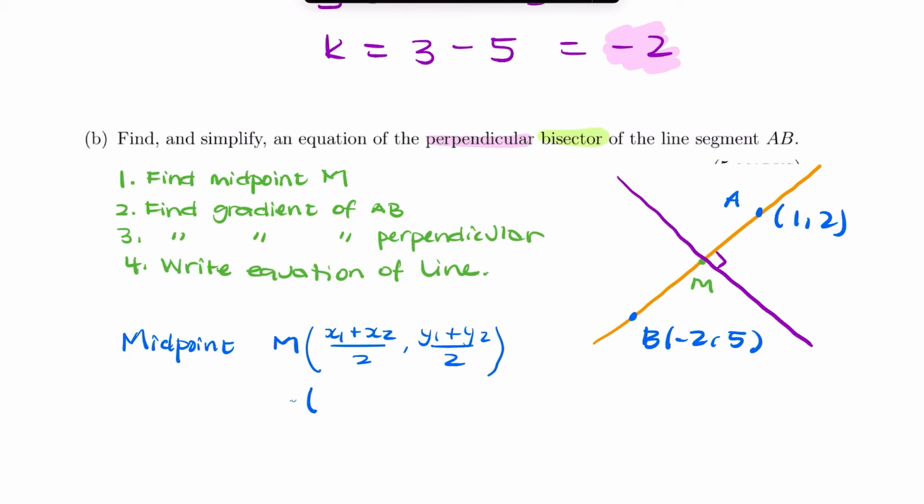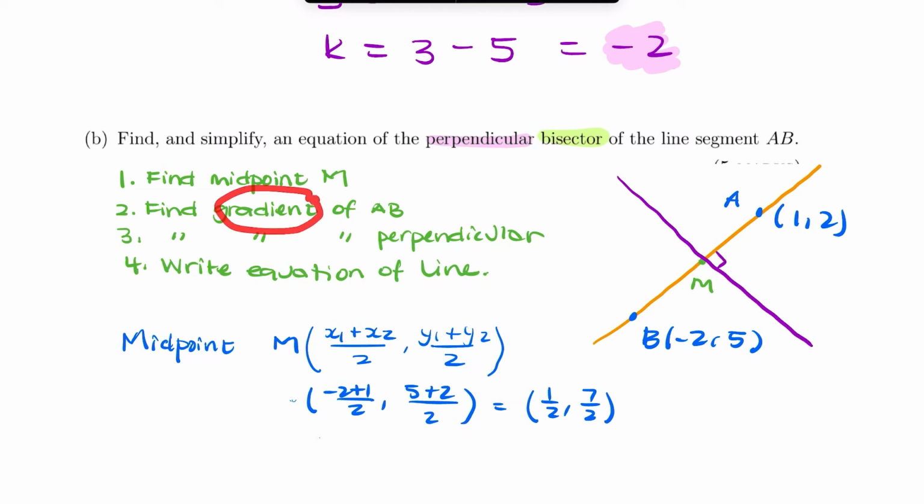So that's minus 2 plus 1 over 2, 5 plus 2 over 2. So that will give you a half and 7 over 2. So we found this point here.